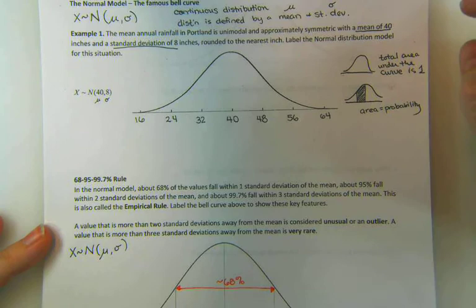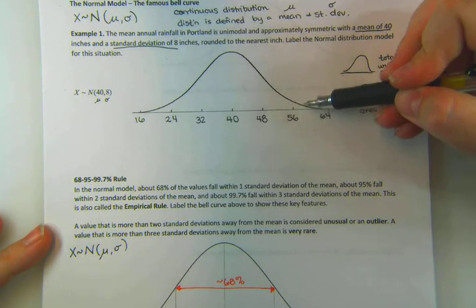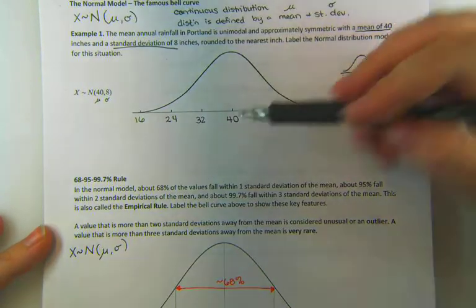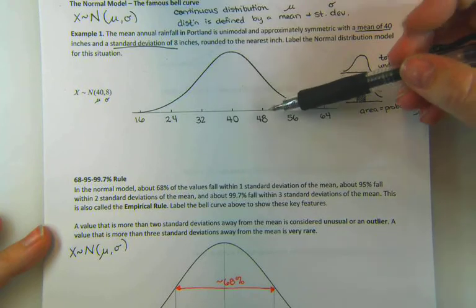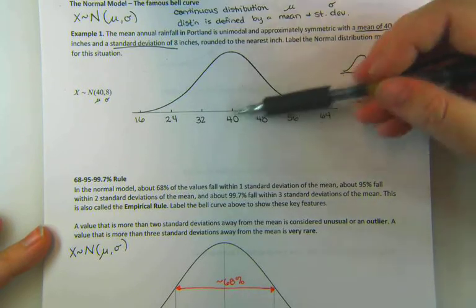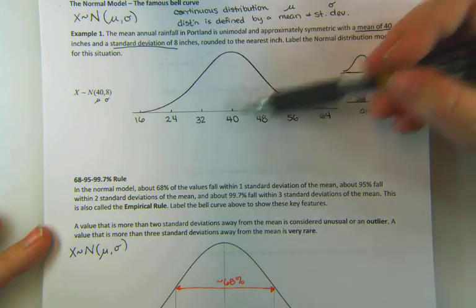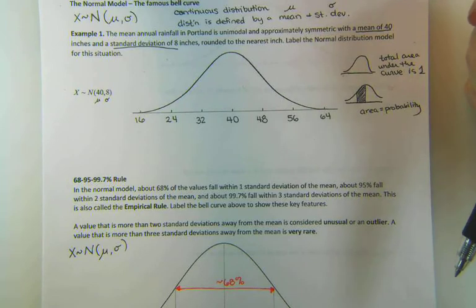Meaning, if a value is more than 2 standard deviations away from the mean, which would mean it lands out here or out here, then there's only about 5% of that occurring, which is so unlikely. So if we go back to the rainfall, if we had an annual rainfall of 58 inches, because that's landing more than 2 standard deviations away, that would be considered an unusual result. That's a very unlikely result.